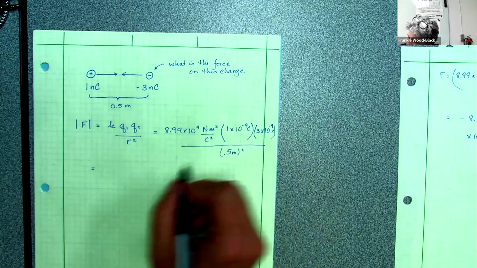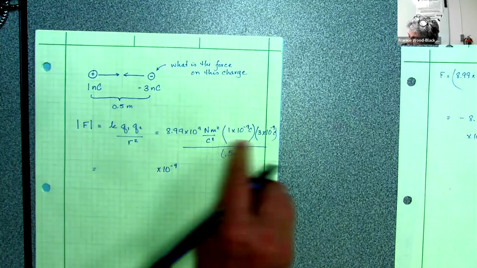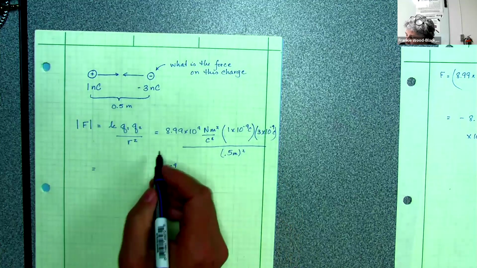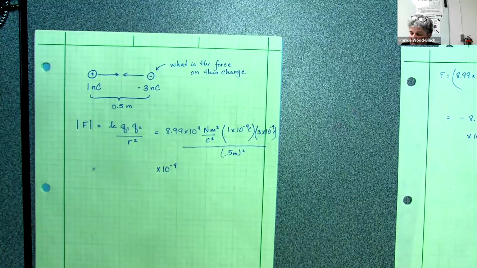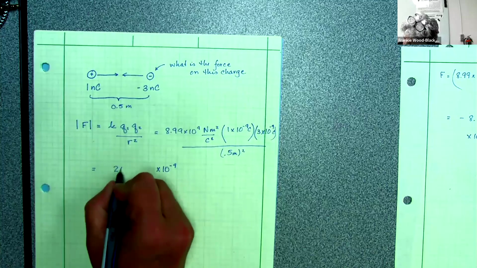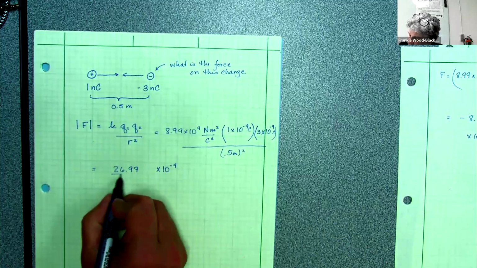Because now I'm going to have on top 10 to the minus 9 because these are going to cancel each other out. And I'm going to have my 8.99 times my 1 times my 3 is going to give me 26.97 on top.